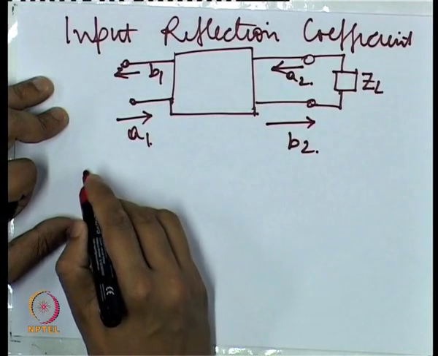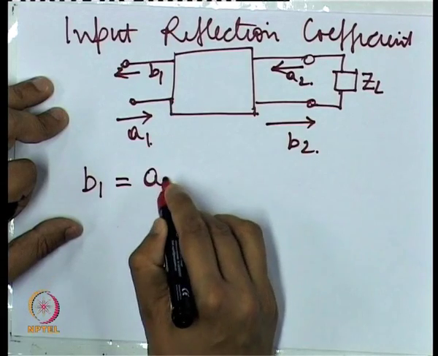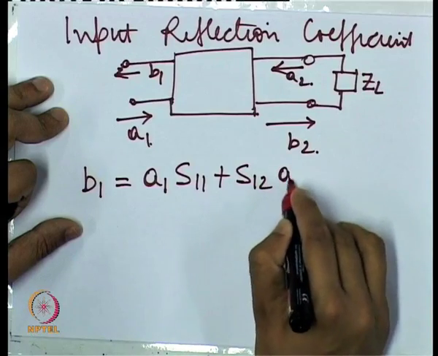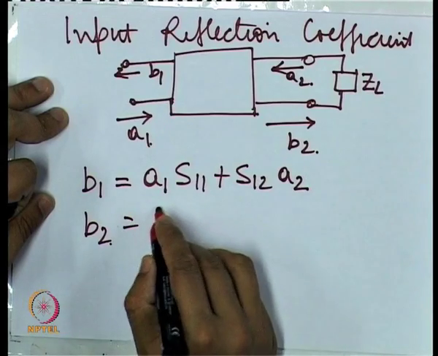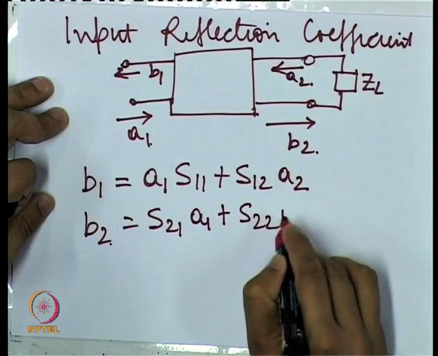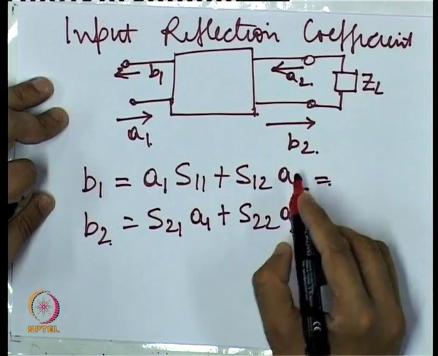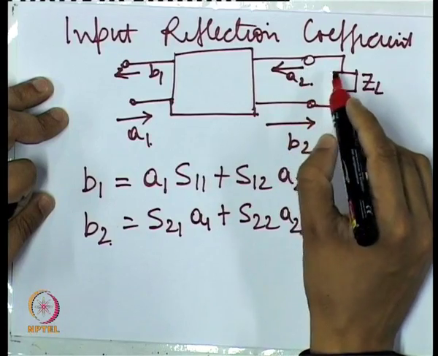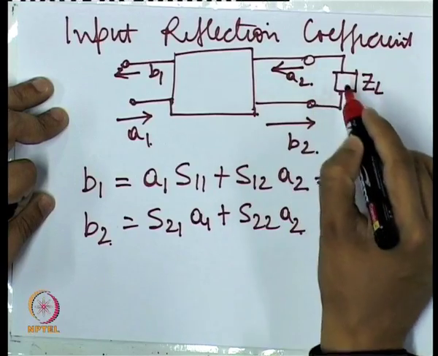For this two-port network, we can write down the S-parameter relationship between the A's and B's like this. And then A2, the wave that is incident at port 2, as I described earlier, can also be considered to be reflected from the load.